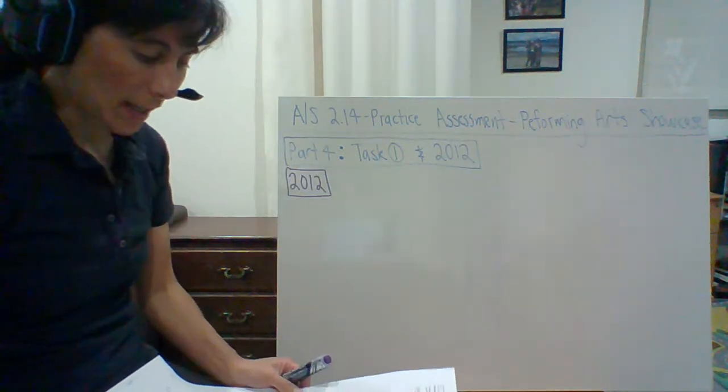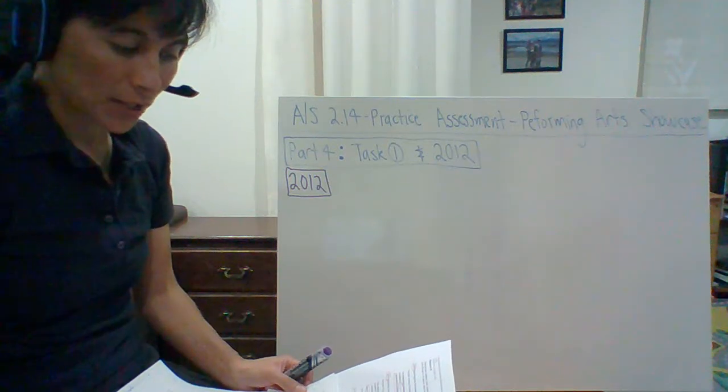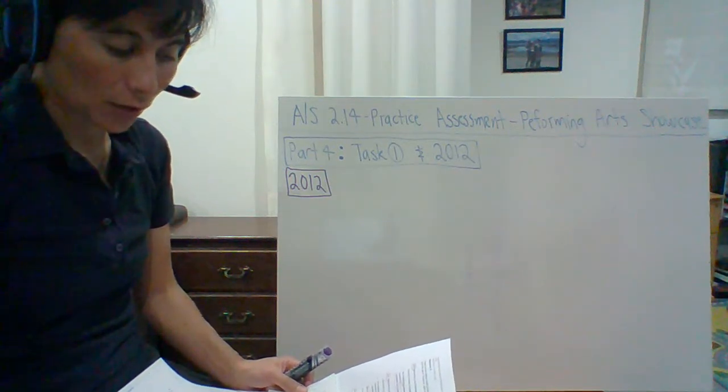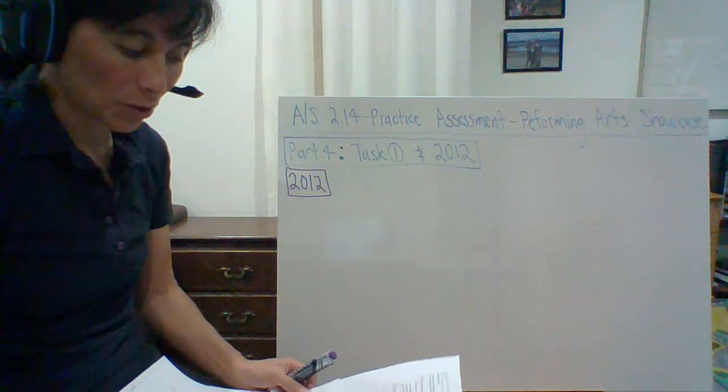What we're told for 2012 is the cost of a child ticket is planning to be $5 and the cost of an adult ticket is not determined yet.